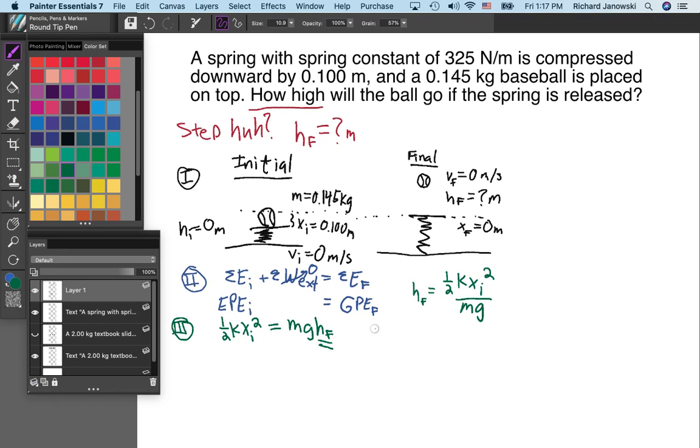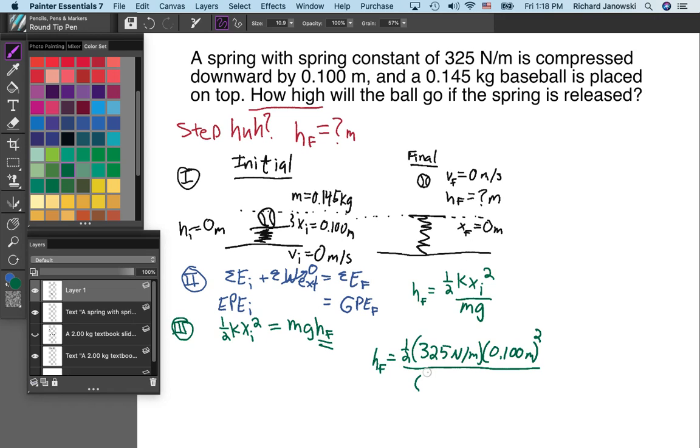So now we're going to put in our numbers. And what are we going to have? H final is equal to 1/2 K. K is 325 newtons per meter times X initial. So X initial is 0.100 meters, and this gets squared. And then we've got to divide it by the mass.